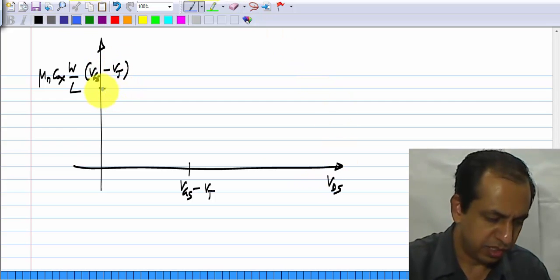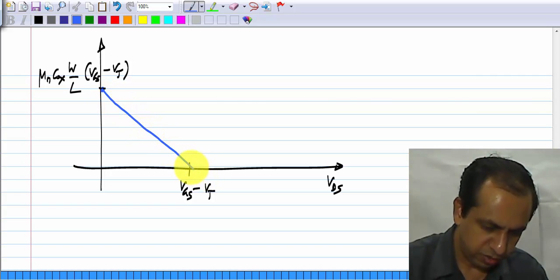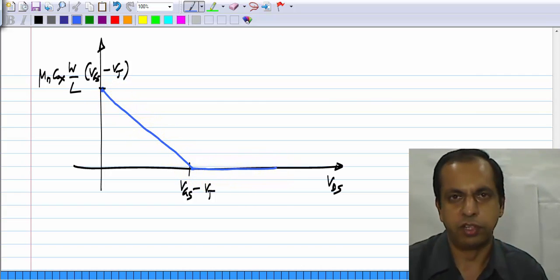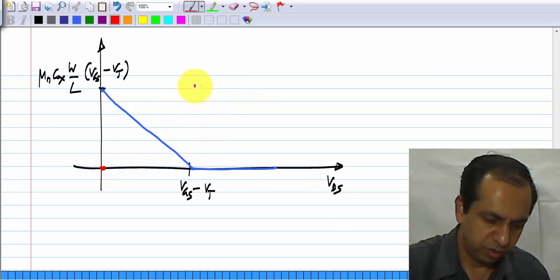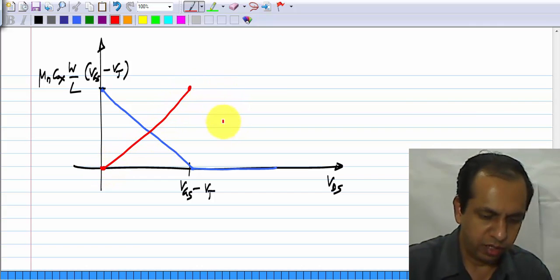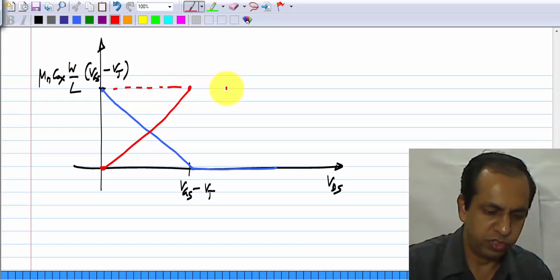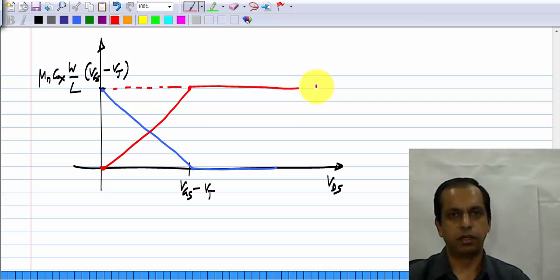So, GDS starts from here and then falls linearly to 0 and then it remains 0 thereafter according to our current model, and GM starts from 0 and it increases linearly and reaches a maximum of this value at VDS equals VGS minus VT and remains constant. Okay.